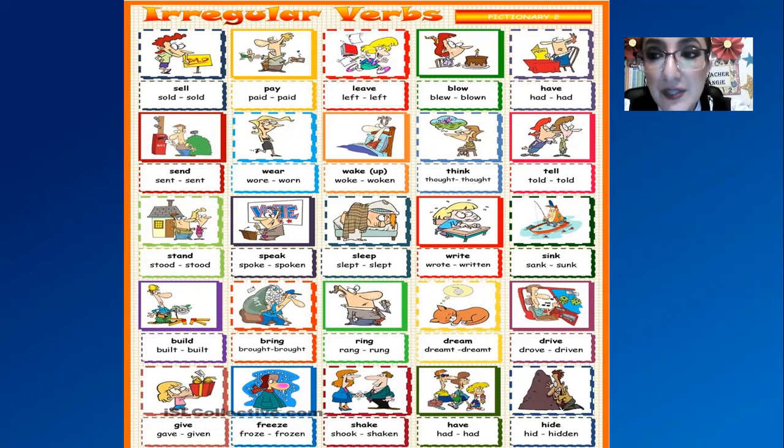And the situation with the irregular verbs is that we are not going to have super clues, like when the verb finally ends with W, you are going to have blew and blown. No, there is not a super clue that can be helpful for you. We need to learn them by heart. Okay.